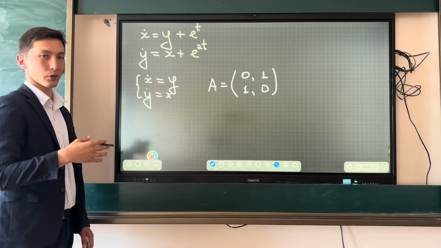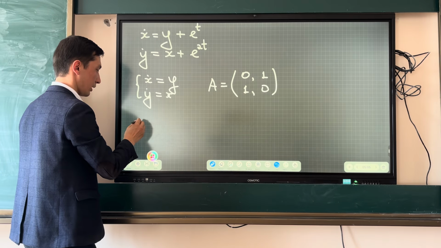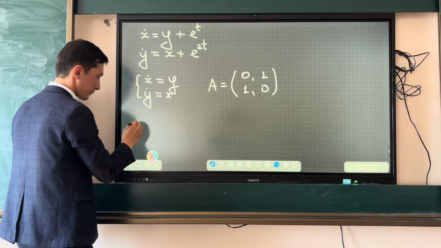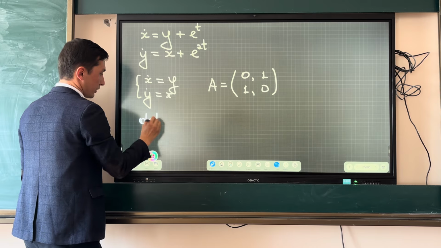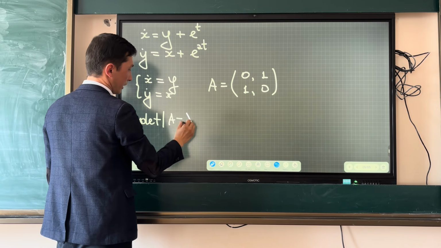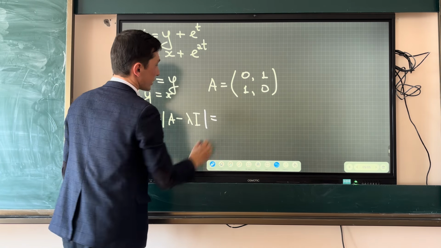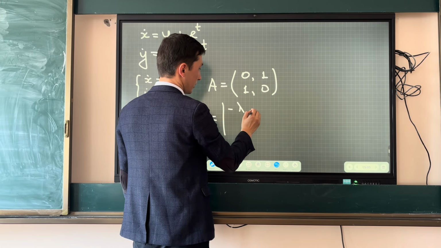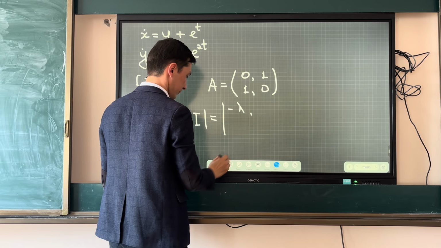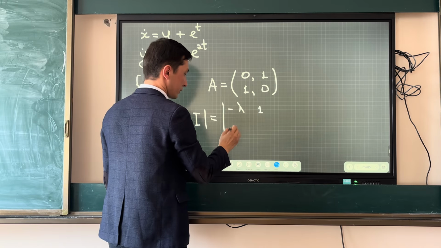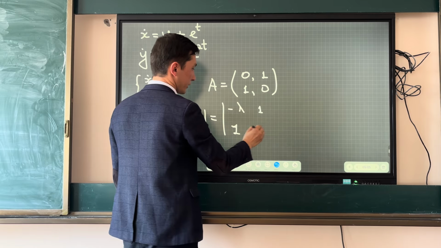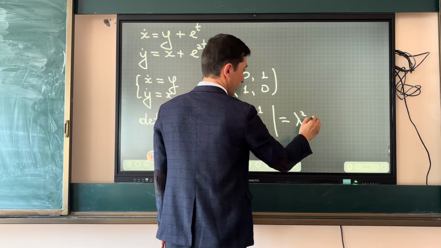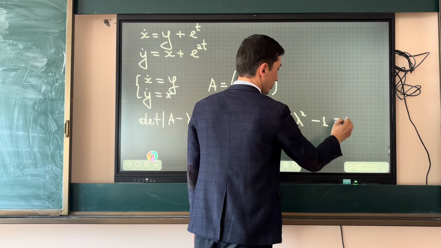And I'm going to write the characteristic equation. We can find the characteristic equation using the matrix A: determinant of A minus lambda E equals minus lambda, 1, 1, minus lambda, equals lambda squared minus 1 equals 0.